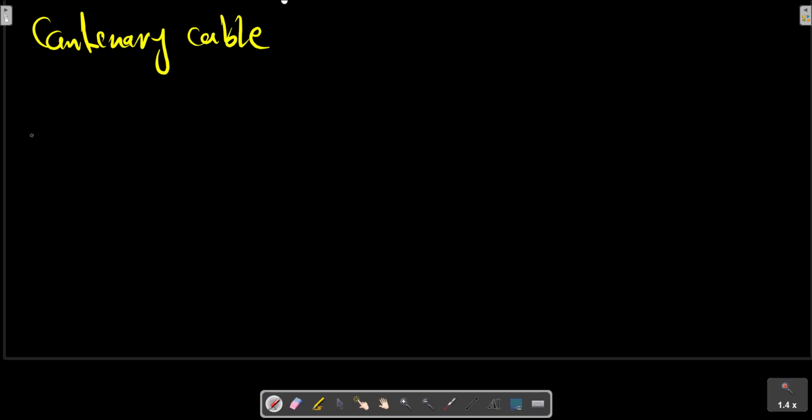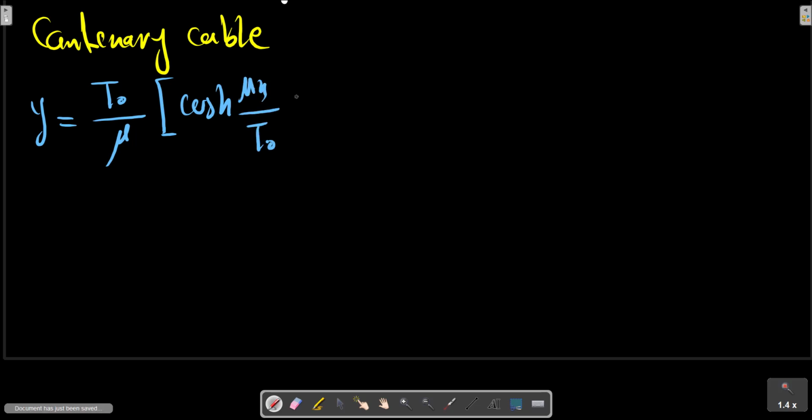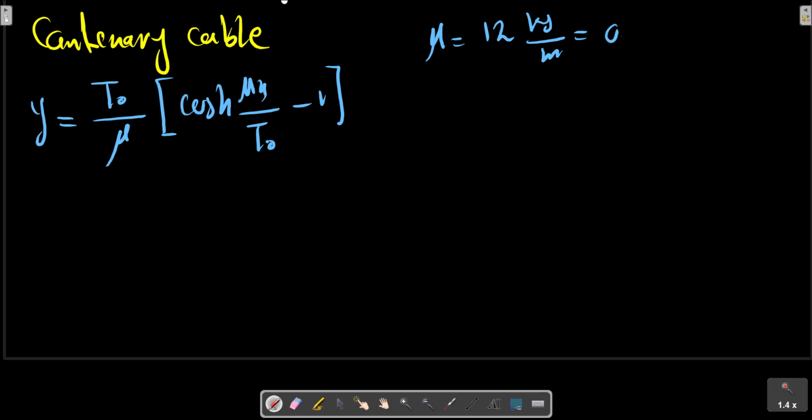For the catenary cable, y equals T0 on mu multiplied by the cosinus hyperbolic of mu x on T0, minus 1. Mu equals 12 kilogram per meter, which equals kilonewton per meter.